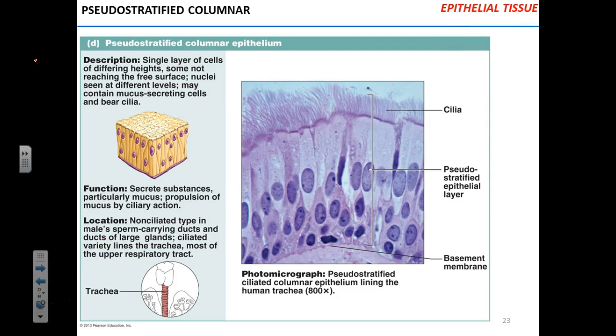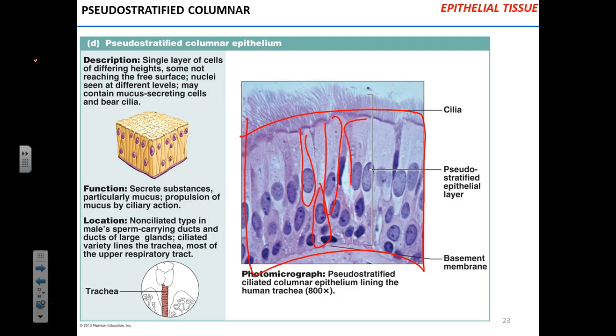Pseudostratified. It's also called pseudostratified columnar. Now, why is it called pseudostratified? It looks like stratified, but it's not. Okay? If you look at this micrograph, you will notice it's pretty much one layer.